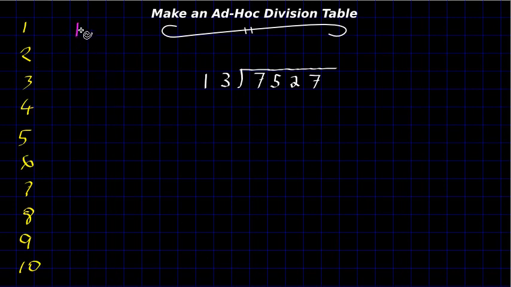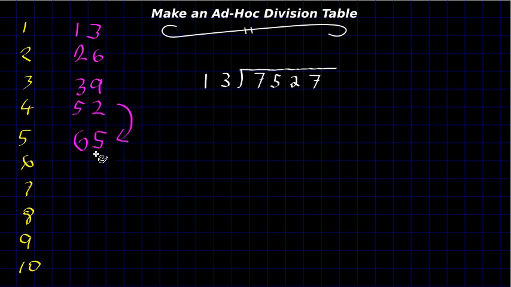1 times 13 is 13. Twice that is 26. Next one is 39. Next one is 52. You know that from playing cards. Next one is 65. Notice that you can do these by successive addition. Just add 13 to the guy above it. So it's very, very quick and efficient. So the next one here is going to be 78.